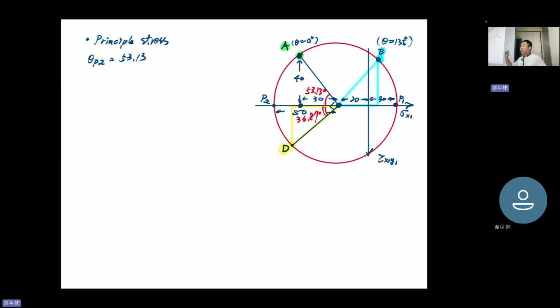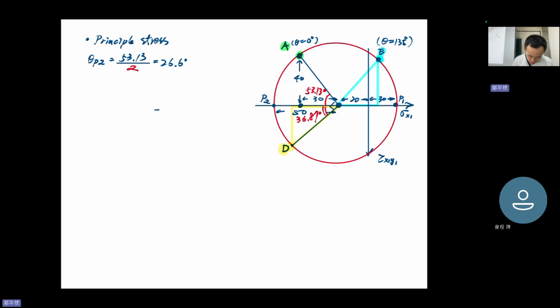But this is the angle in the circle world, right? So don't forget to divide by 2. Okay, so you need to be careful. Please don't just write down 53.13. No, because this is circle space. So now P2 is 26.6.